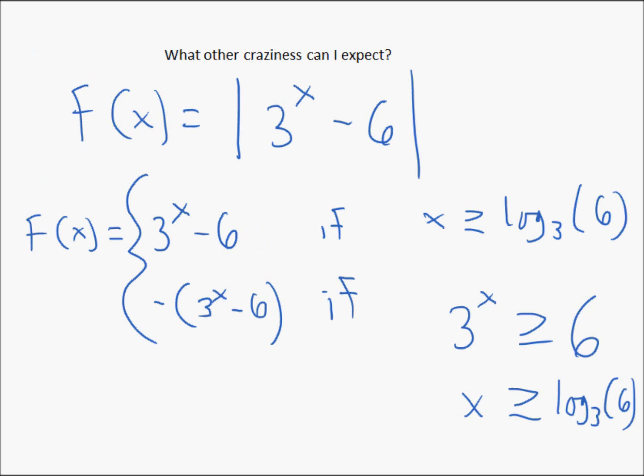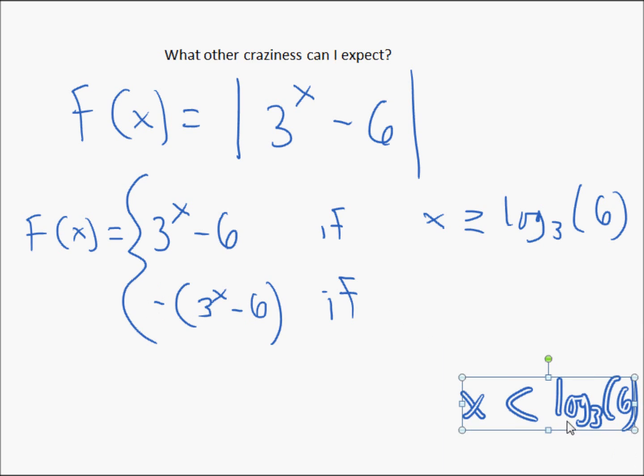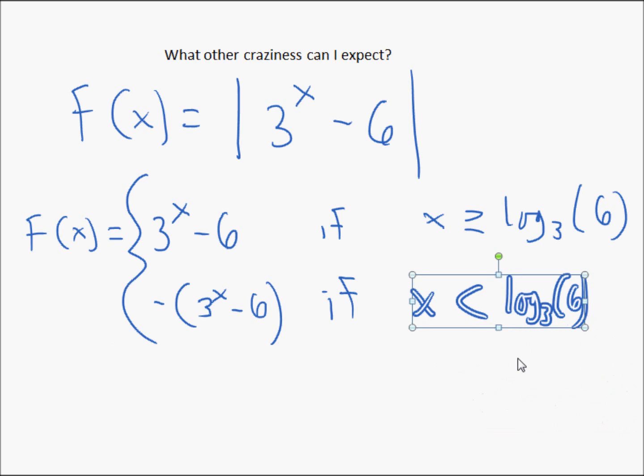But the other inequality was a less than sign. So it would be if x is less than log base 3 of 6. So it is going to equal the opposite of 3 to the x minus 6 when x is less than log base 3 of 6.